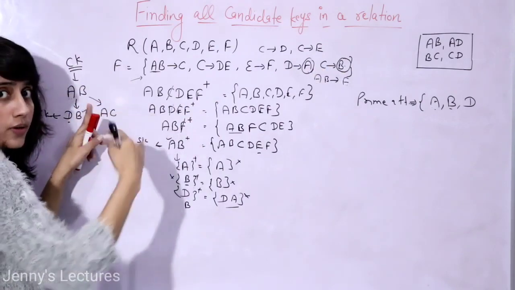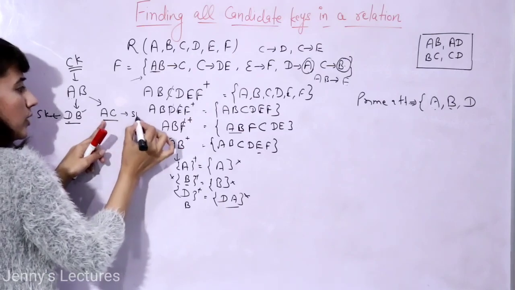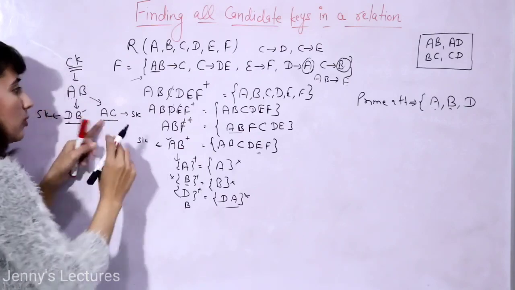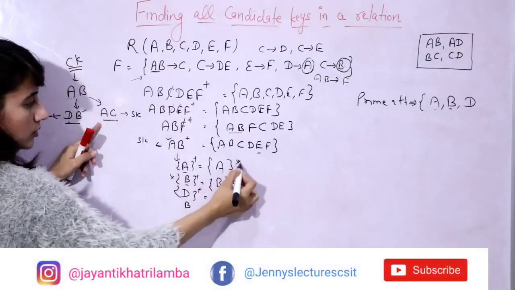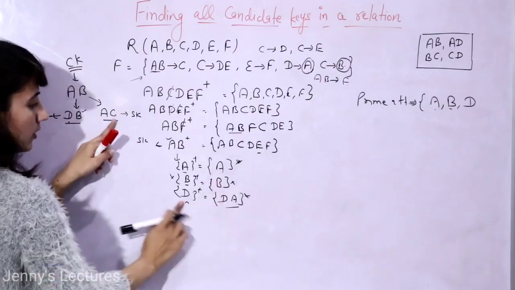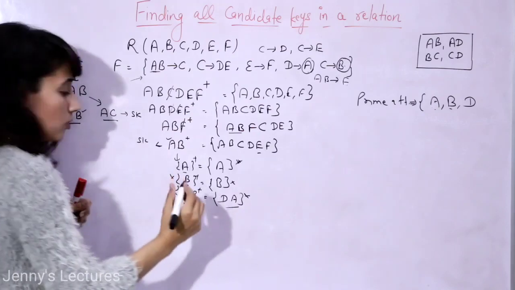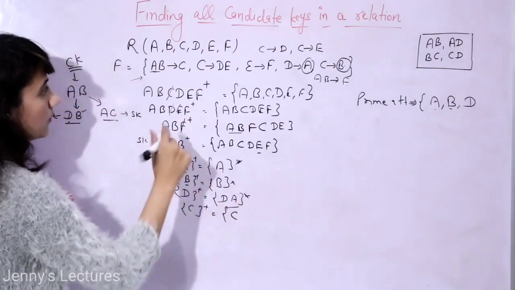Two options we have at the starting. One is this one, one is this one. So this is definitely a super key, but I cannot say that this is definitely a candidate key. You need to check out the proper subsets. Proper subsets of this are what? One is A, one is C. See, A I have already checked out. One remaining is C. So how to check whether C is a super key or not? Find out the attribute closure of C. Now definitely I can write here C.